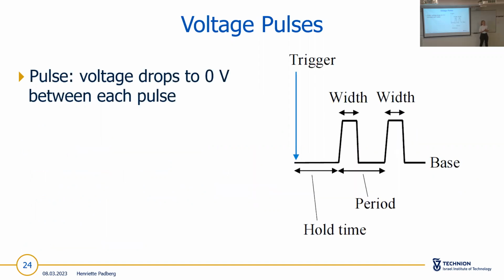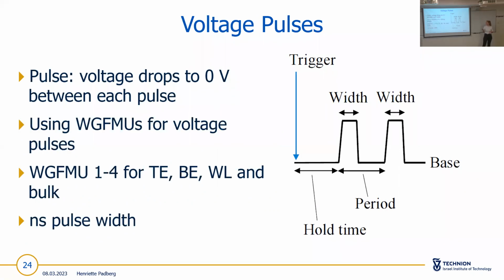In the second step, I then performed voltage pulses to also see how the cell behaves for pulses, because in the actual application of logic, you can't use sweeps, as that would be much too slow and consume much too much power. The difference between a pulse and a sweep is that with a pulse, the voltage drops to 0 volt between each pulse.